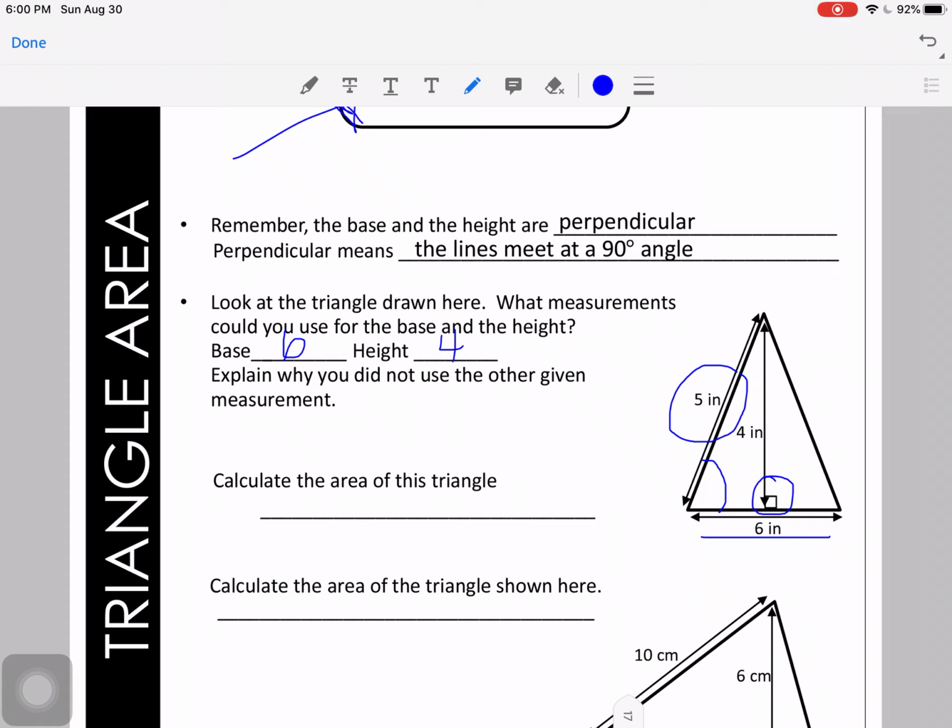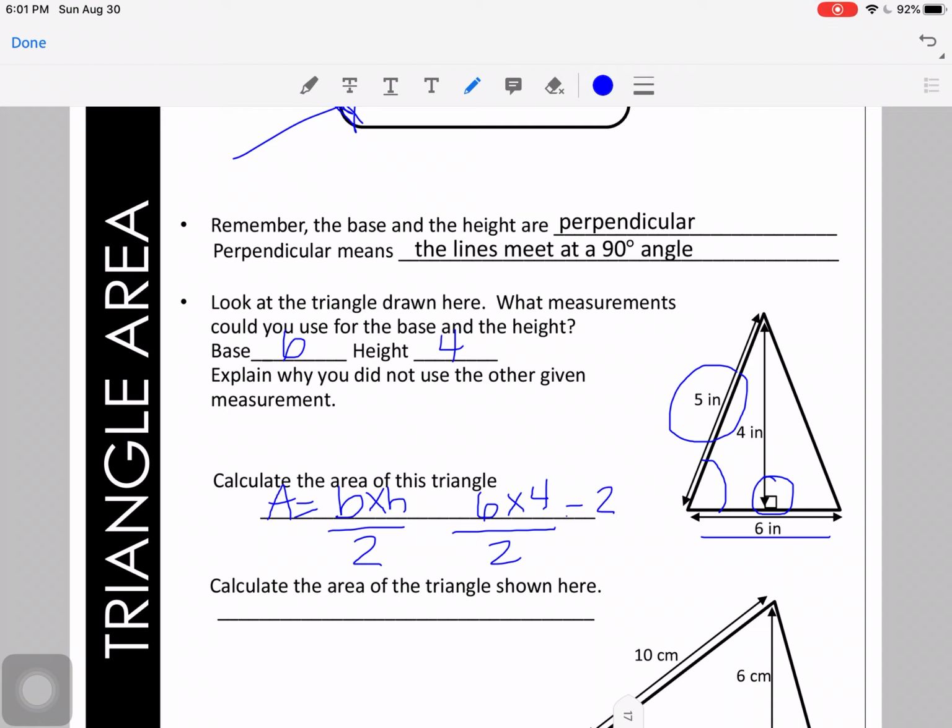So it says to calculate the area of this triangle. So the formula for the area of a triangle, we said, was area equals the base times the height, and then that's divided by 2. So we have the base, which is 6, the height, which is 4, and then we divide all of that by 2.